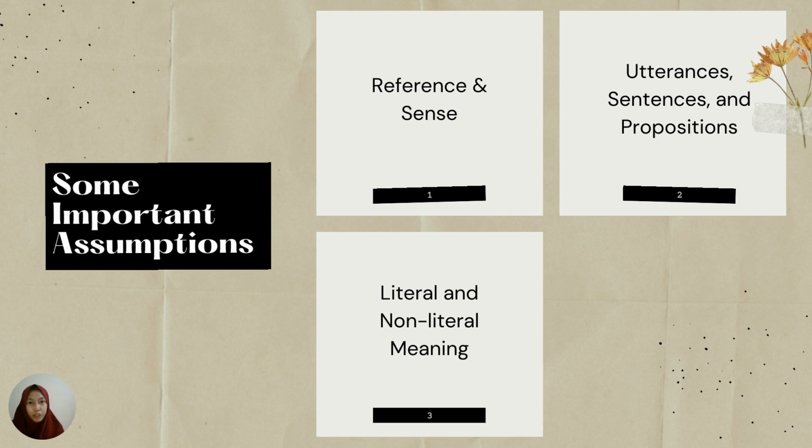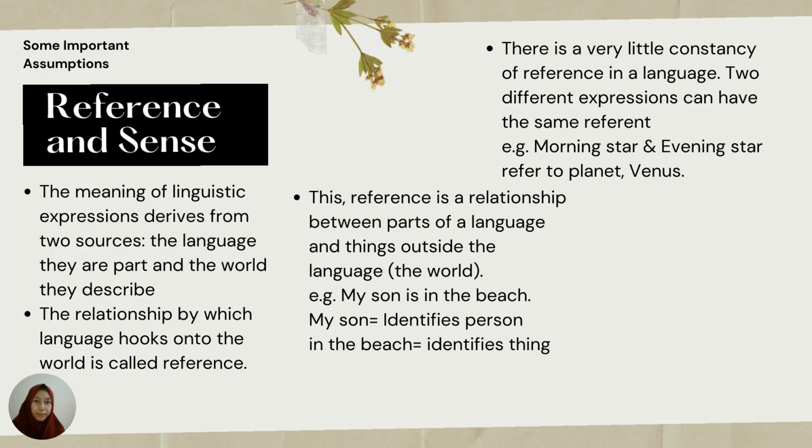At this point, I will introduce some basic ideas that are assumed in many semantic theories. In most cases, the description of these ideas will be simple and not very detailed. First is reference and sense. The meaning of a linguistic expression derives from two sources: the language they are part of and the world they describe.